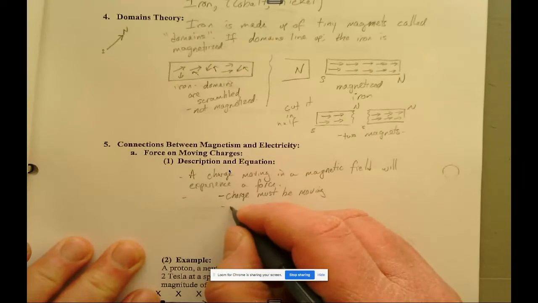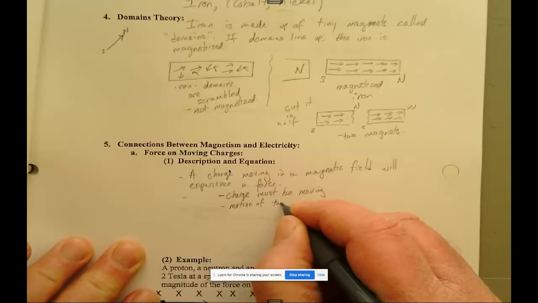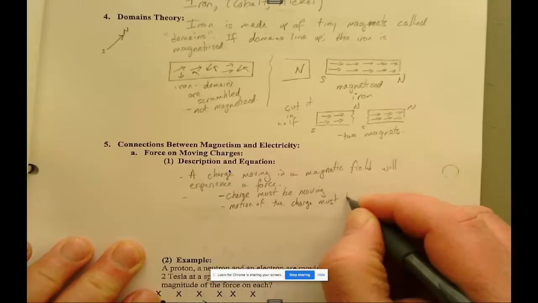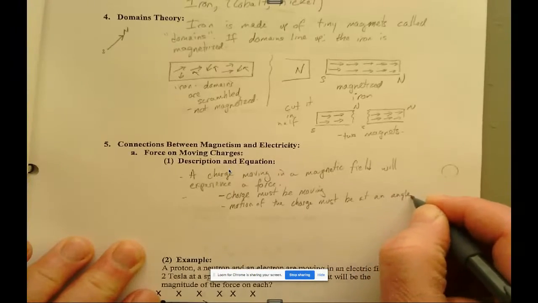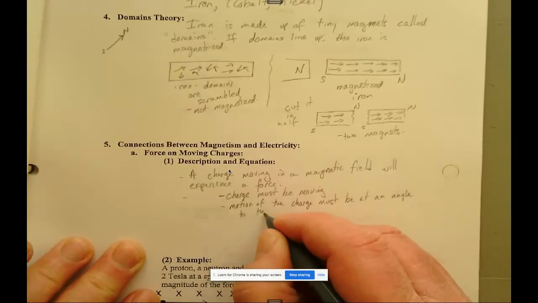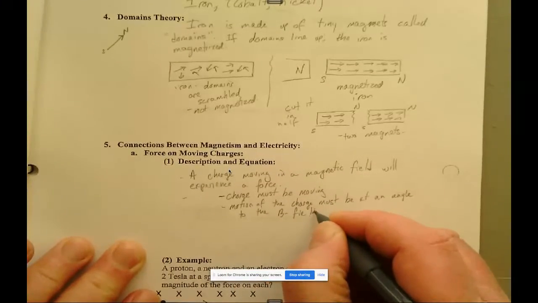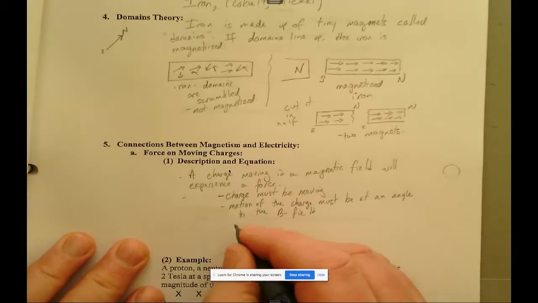The motion of the charge must be at an angle to the magnetic field. So if it's parallel, there's no force. But if it's moving perpendicular, that's when you get the maximum force.